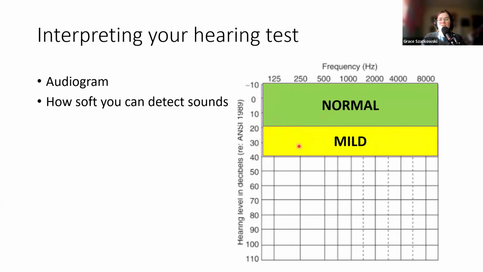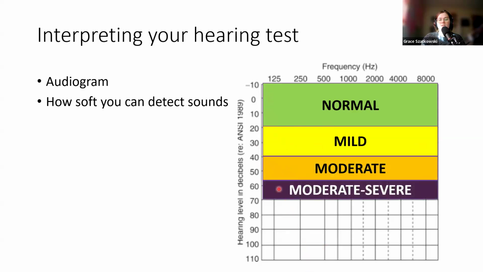If you scored in this range, then you would be considered having some mild hearing loss because you are not able to hear speech as softly as in the normal range. And then below here in this category, up to 55 is considered more of a moderate degree of hearing loss.